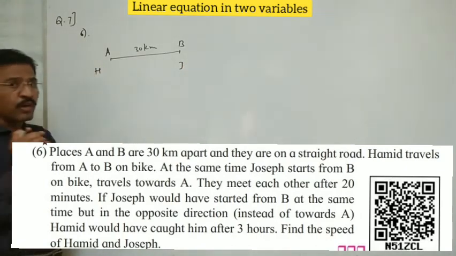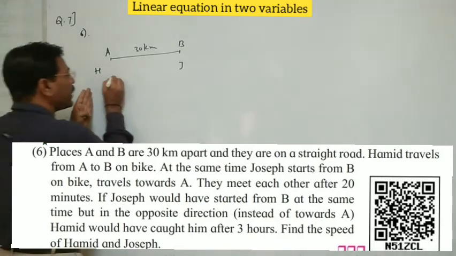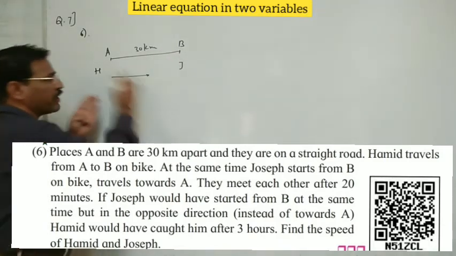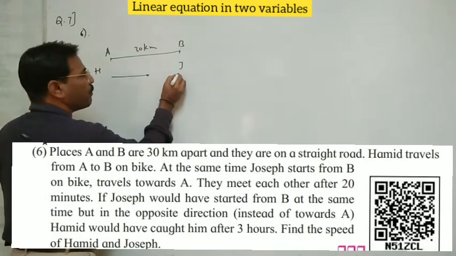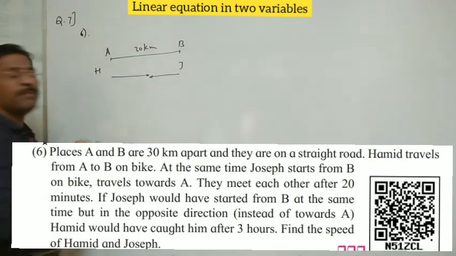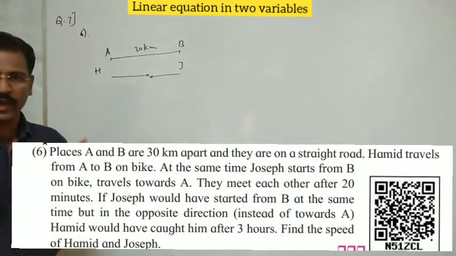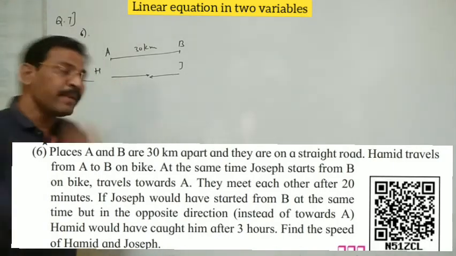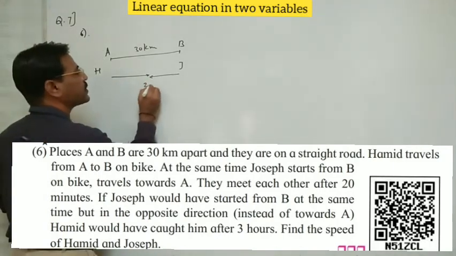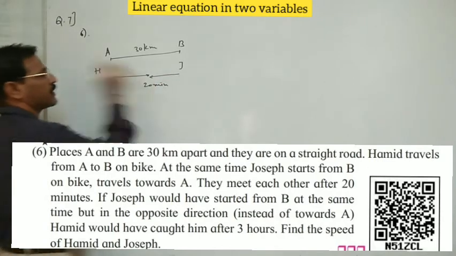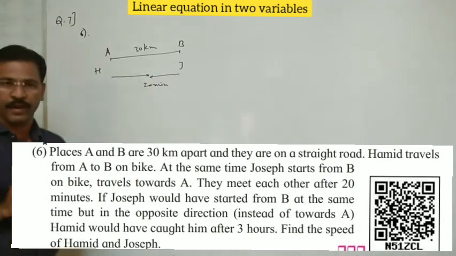The first condition is that Hamid goes from A towards B, and Joseph goes from B to A. They started at the same time, and after 20 minutes they meet each other. This is our condition number 1.